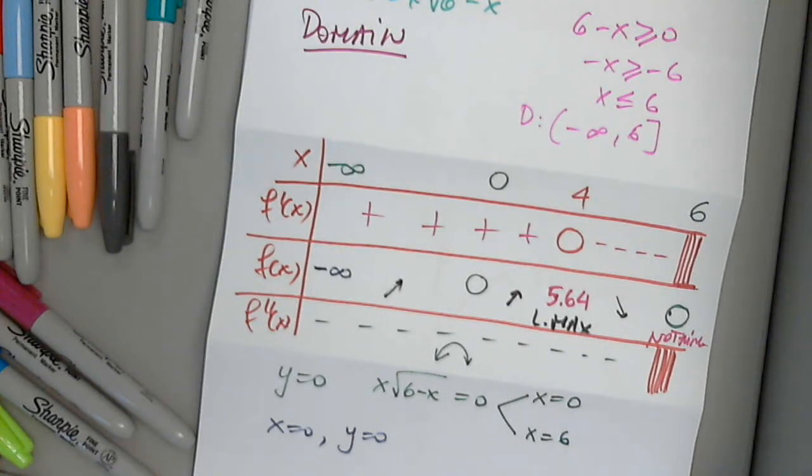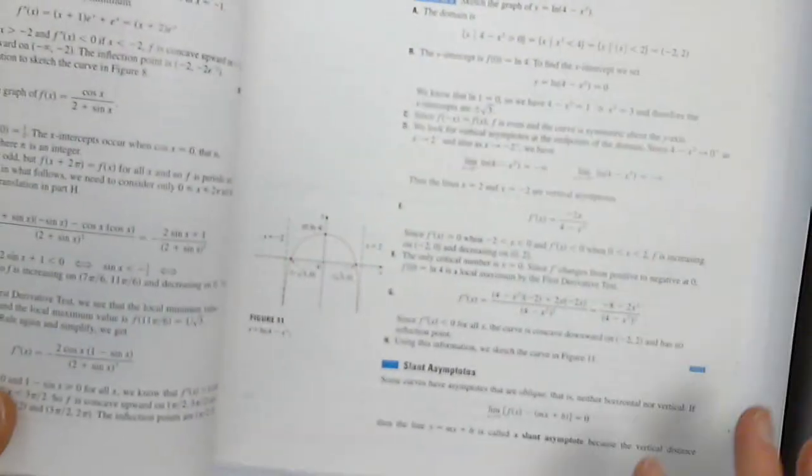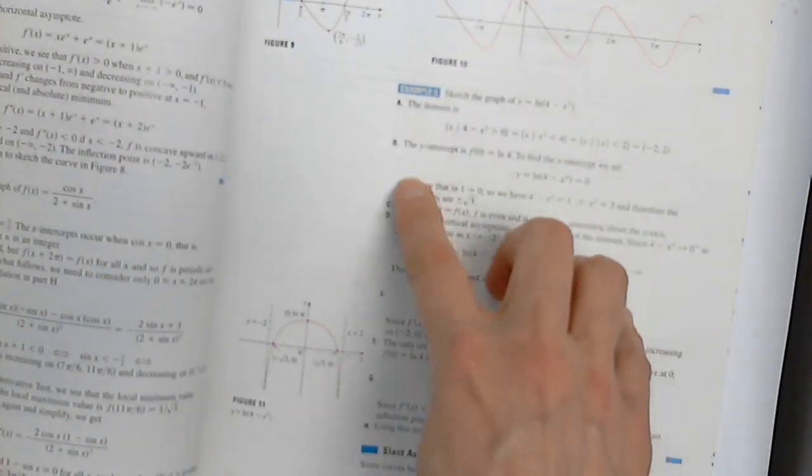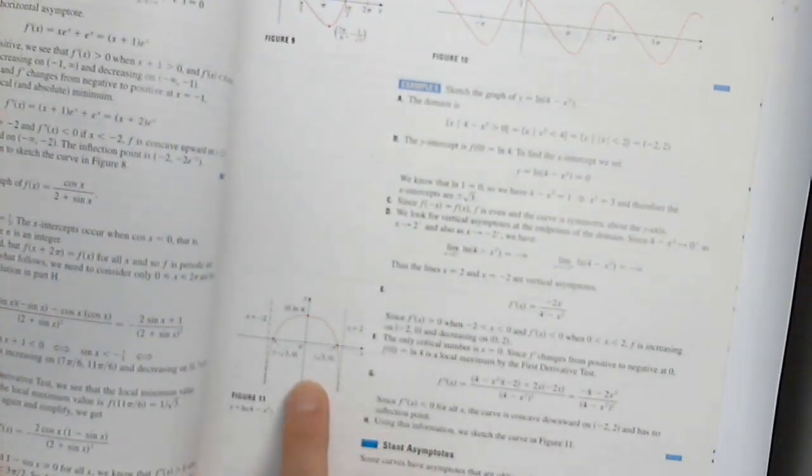I'll show you one more time what the book is doing. I totally disagree with it. They say blah, blah, blah. Here's the graph. But how you put all this together and how from here you get this, I have no idea without summarizing the information.